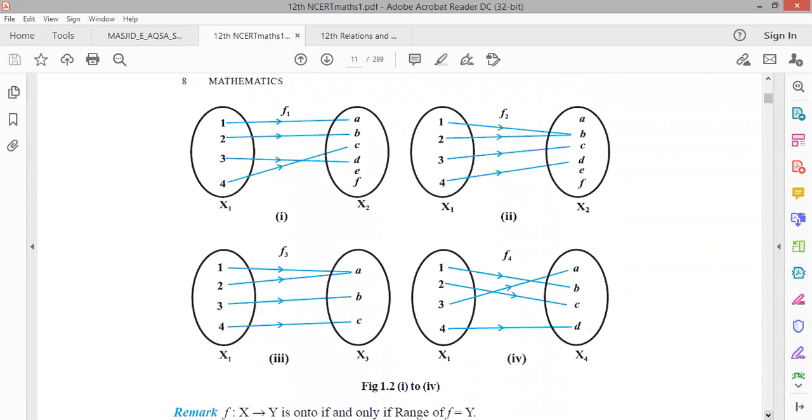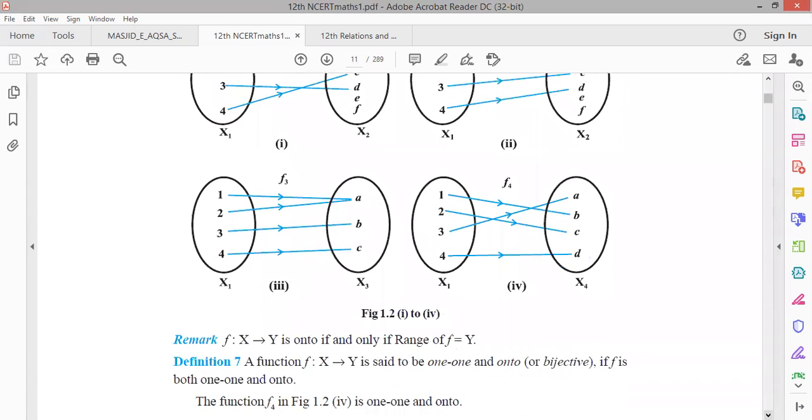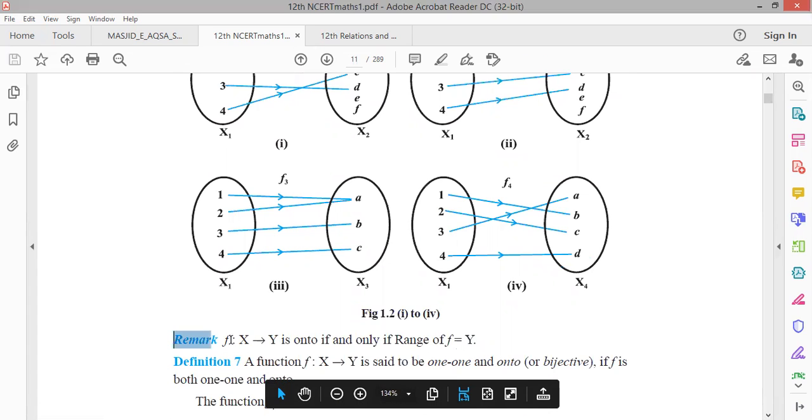Before going to one more type of the functions, I would like to highlight a remark regarding onto functions. It's very easy to see whether a given function is onto or not.